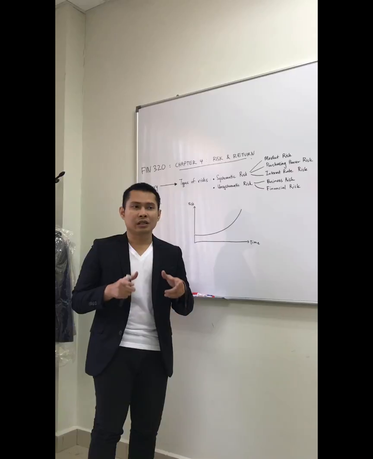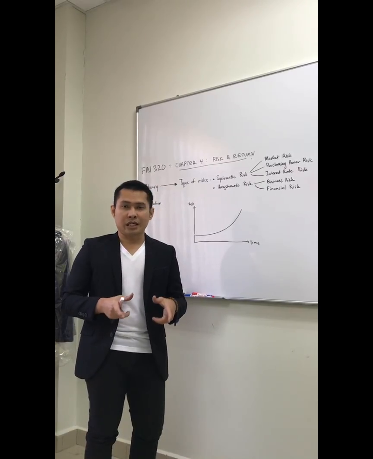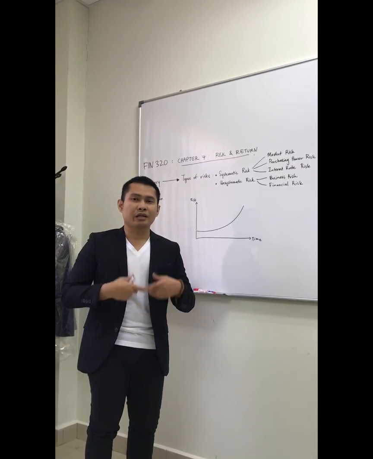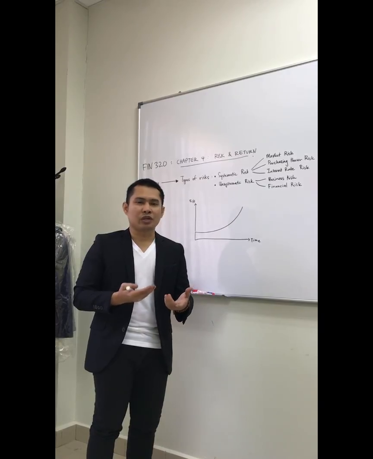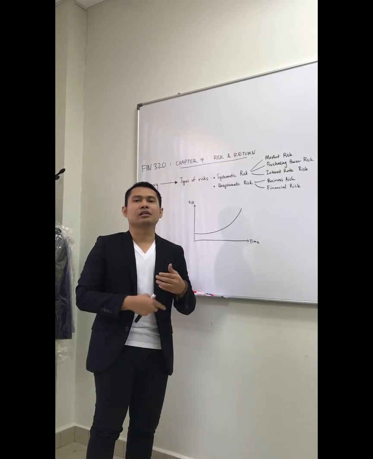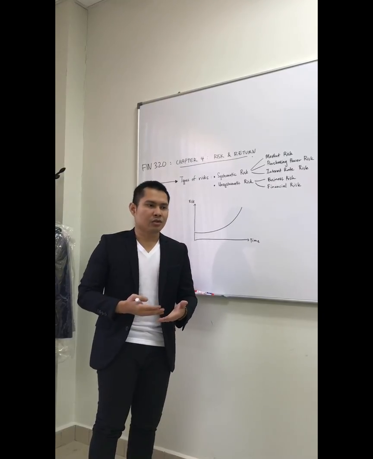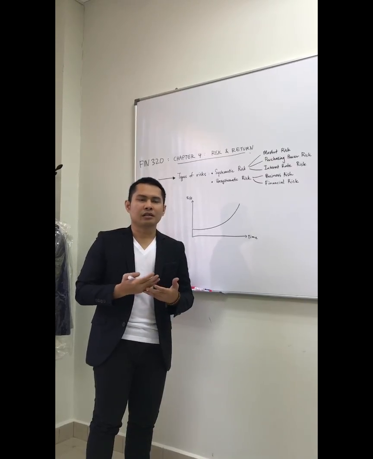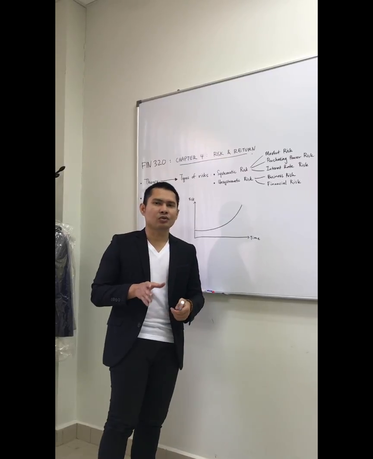For example, the current situation we have now, the coronavirus lockdown, impaired the performance of firms. We cannot go to work, so the companies cannot do business and will shut down production. This will impair their return. This kind of risk is uncontrollable risk.